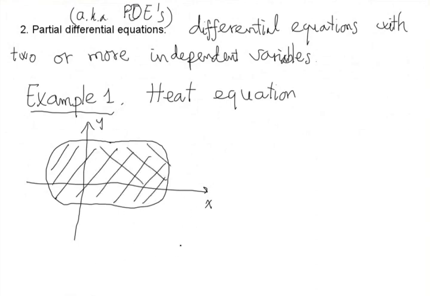It could be a circle, an ellipse, or anything. And say at the beginning, we have a certain heat source inside the plate. So you see, the heat will then distribute over the entire plate over time.